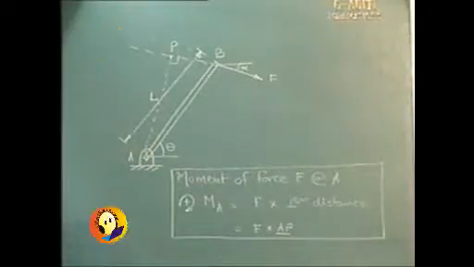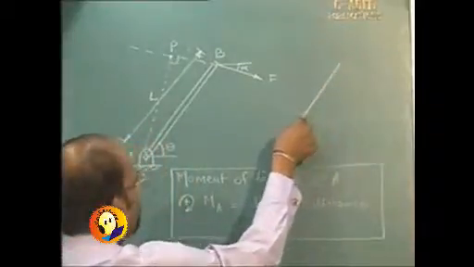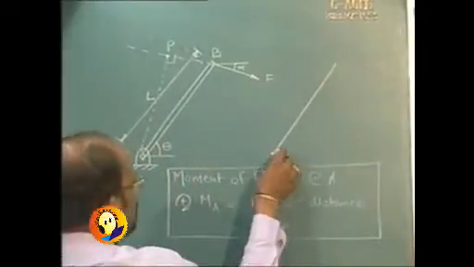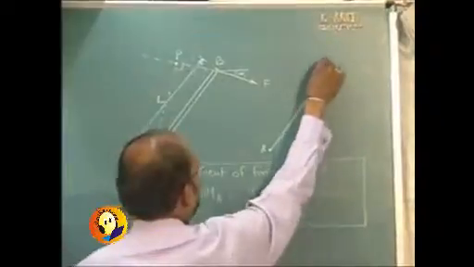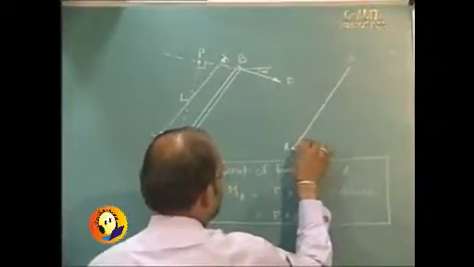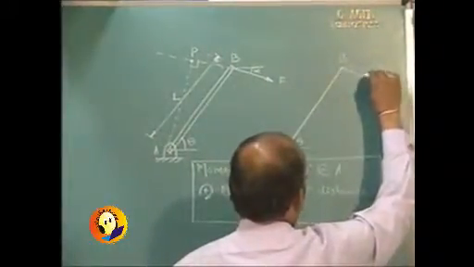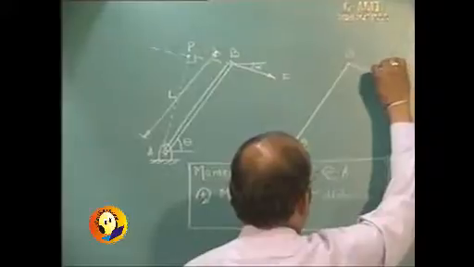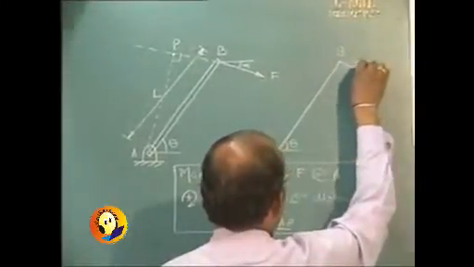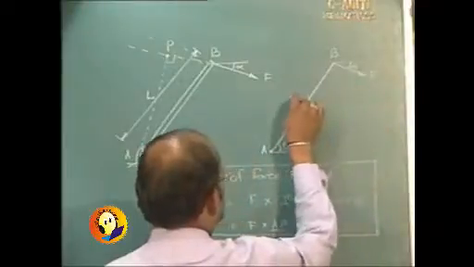So I can proceed further and try to redraw the figure. Now this is link AB, which makes an angle of theta with horizontal, and this was force F, which makes angle alpha with horizontal, and this distance is L.